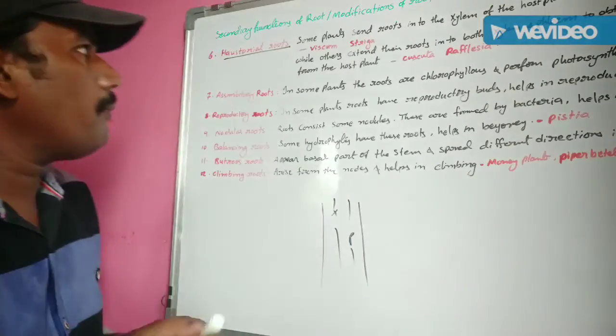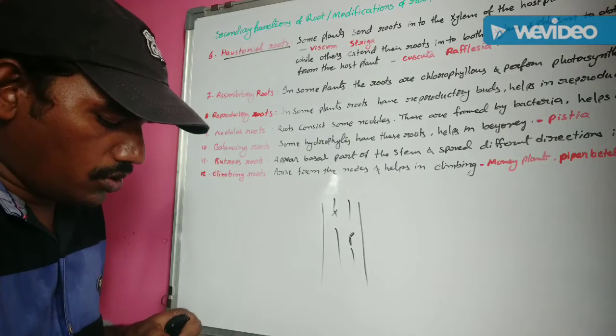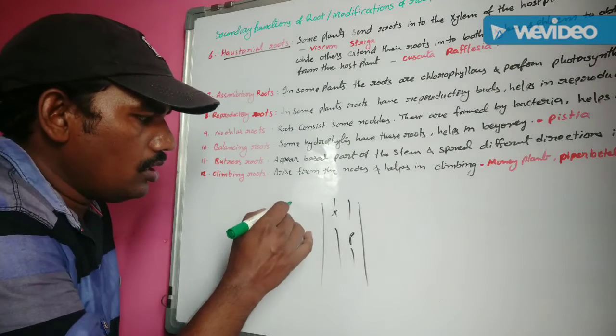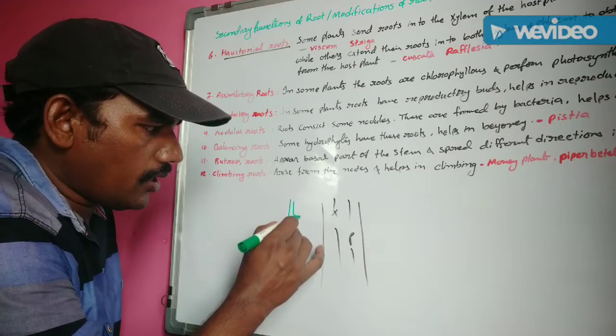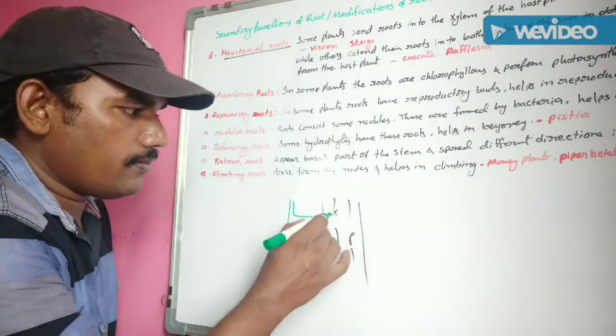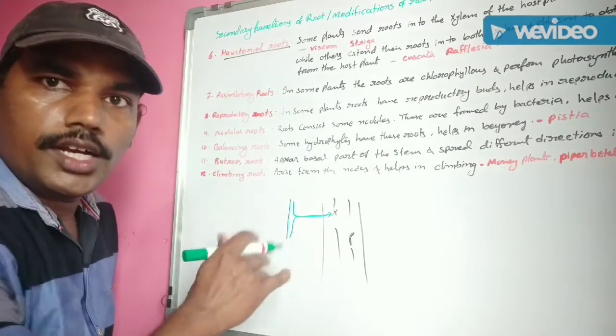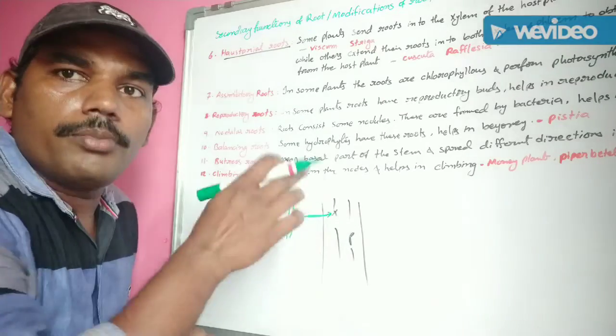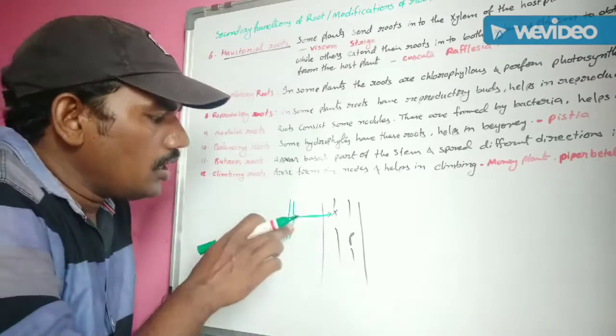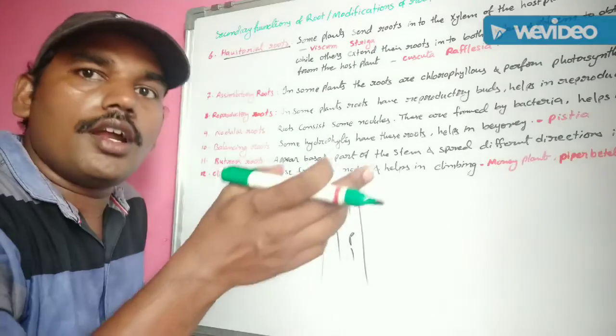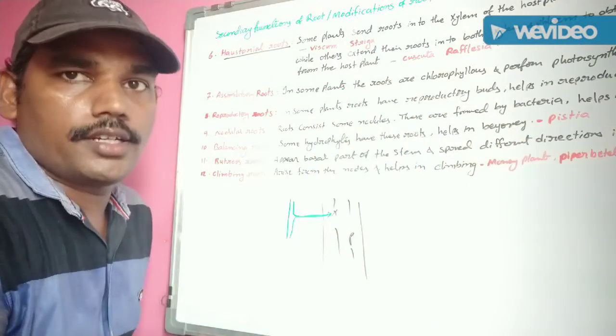But these parasitic haustorial roots come in contact with the xylem of the host organism. So these plants only absorb water and minerals from the host plant.